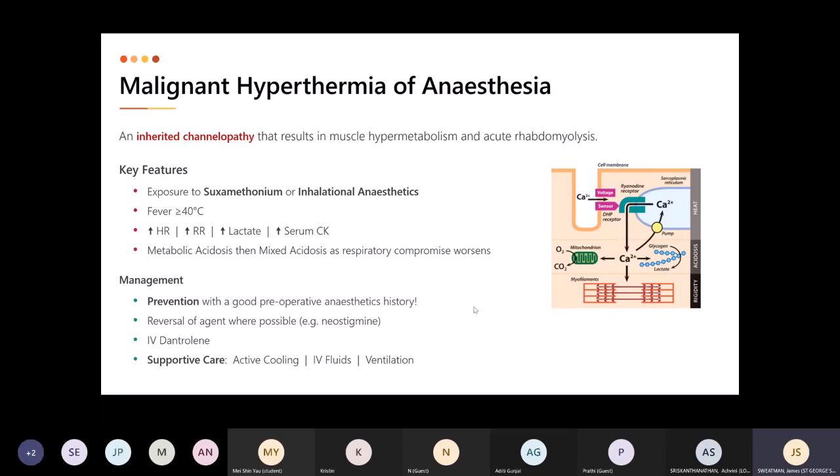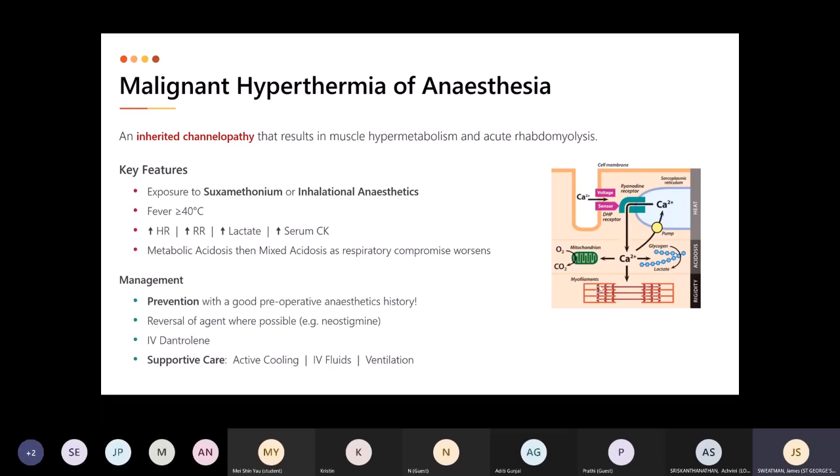You're literally squeezing your chest muscles very, very quickly, and it also affects the heart. But it would also be because of the acidosis. You normally get a metabolic acidosis first because of the lactate, and then the mixed acidosis as your respiratory compromise worsens because of your worsening acidosis and your muscle fatigue.